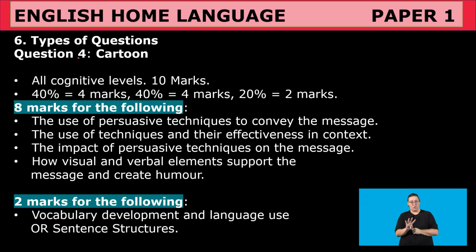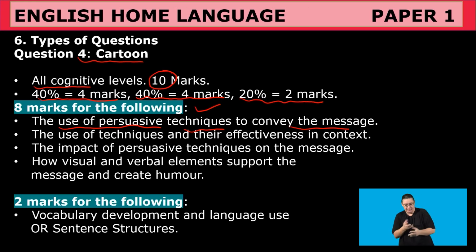Question 4 is the cartoon. It is all cognitive levels for a total of 10 marks, and again you'll see 40% or 4 marks lower order question, 40% or 4 marks middle order questions, and then 20% or 2 marks for the higher order question. 8 marks will be asked on the following: the use of persuasive techniques to convey the message of the cartoon, the use of techniques and their effectiveness in the context, again, of the cartoon, the impact of persuasive techniques on the message, and then also how visual and verbal elements support the message and also create humor.